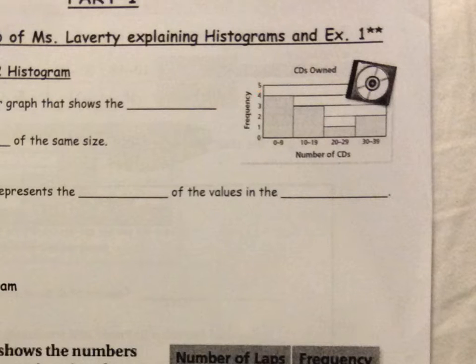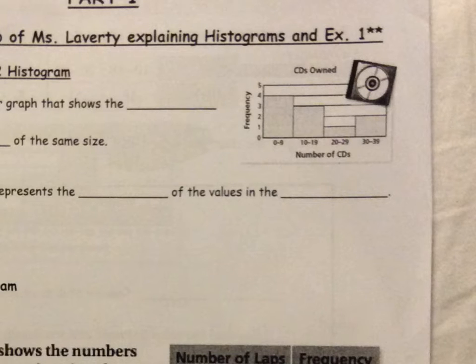On our y-axis, this is called our frequency. So we've got 1, 2, 3, 4, and 5, and each of these frequencies line up with a different one of these bars. This is similar to a bar graph. It's a little bit different, mostly in the fact that we have our x-axis labeled with intervals rather than one particular value.